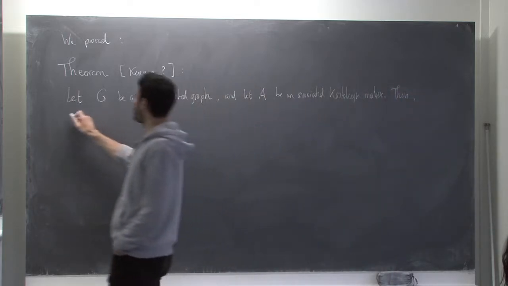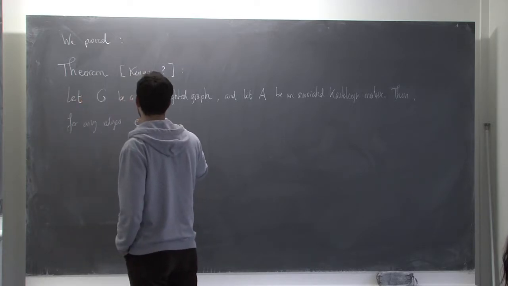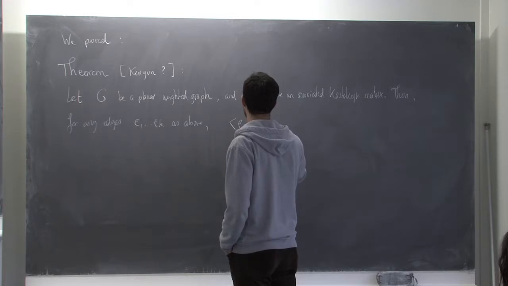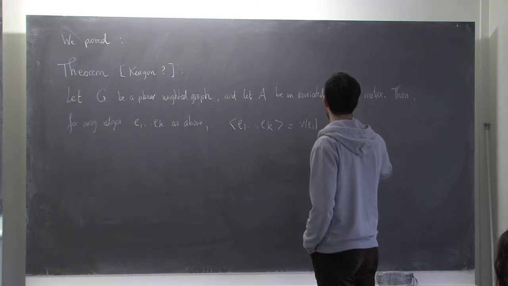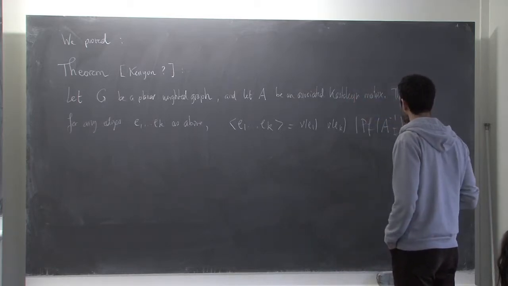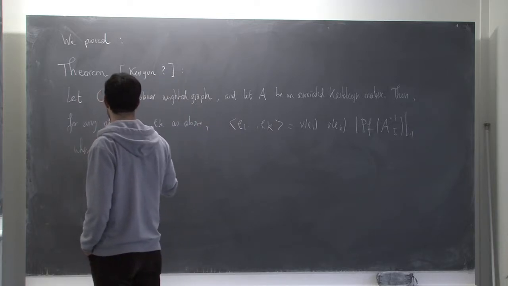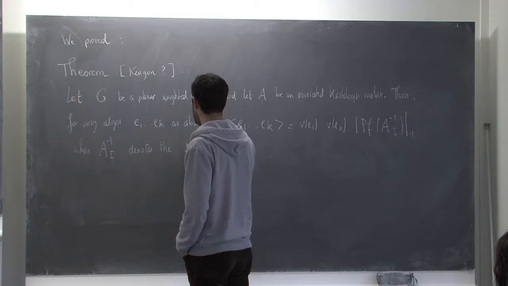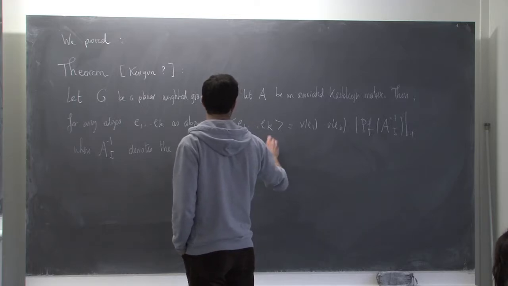Then, for any edges e_1 to e_k as above, we have that the probability is equal to the product of the weights times the absolute value of the Pfaffian of A inverse I, where A inverse I denotes the I rows and columns of A inverse.